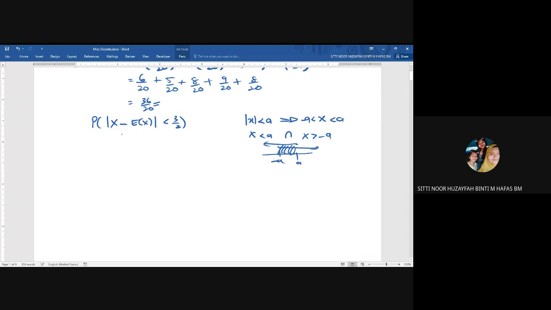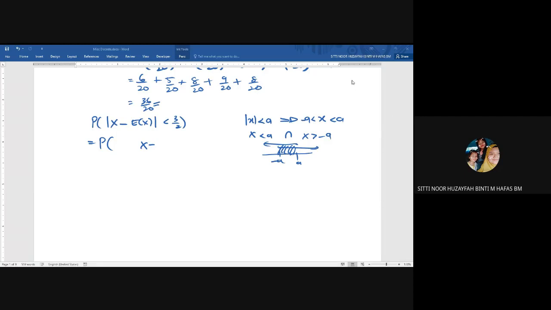Okay, so here, this is equivalent to the probability of X minus the expected value. What do we have for the expected value? 36 over 20. 36 divided by 20 is equal to 1.8, right?